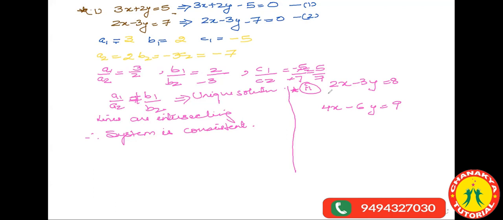Ma'am, 2x minus 3y minus 8 is equal to 0. Right? Now Abhinav, tell me the second equation in standard form. 4x minus 6y minus 9 is equal to 0. Now these are your equation 1 and equation 2.